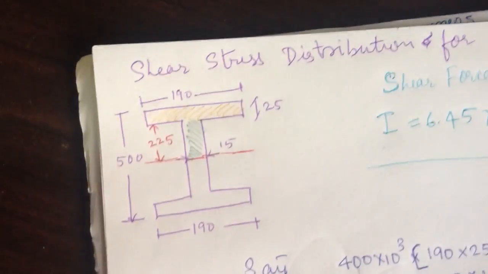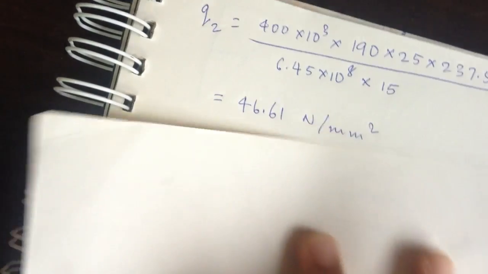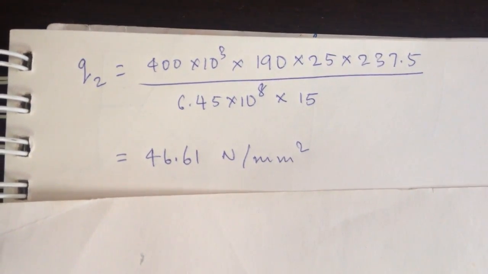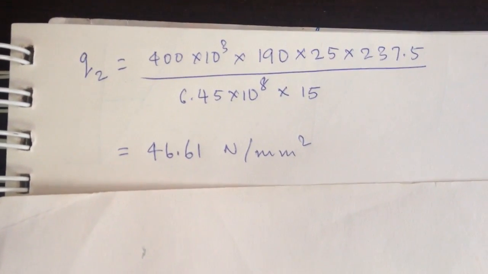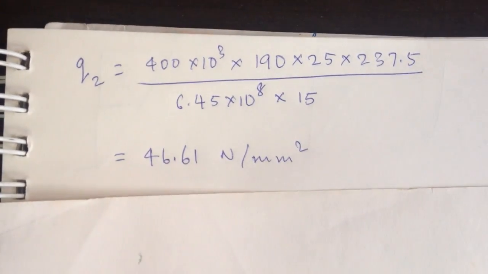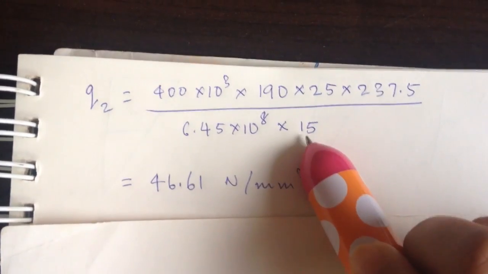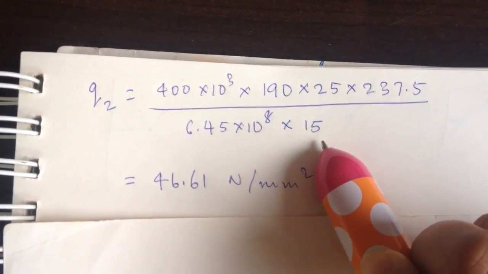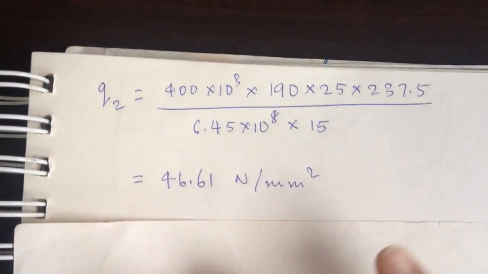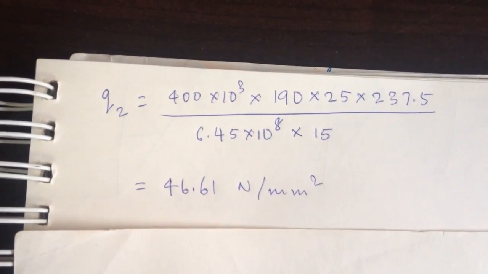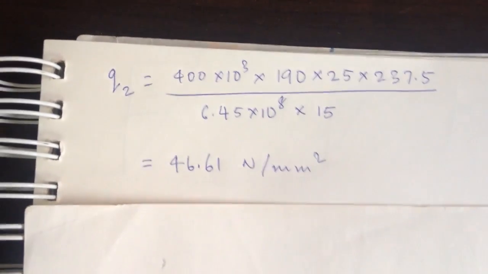So the area happens to be the same: 190 into 25 into 337.5, which is the ȳ of that flange area. What is different here is this B, which is 15. Solving this number will give us 46.61. So now this gives us three values: Q1, Q2, and the maximum shear stress point.